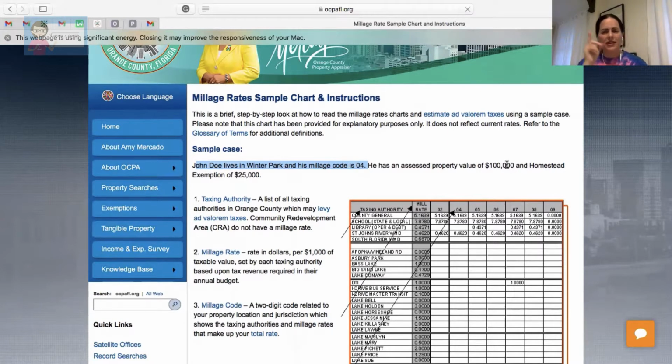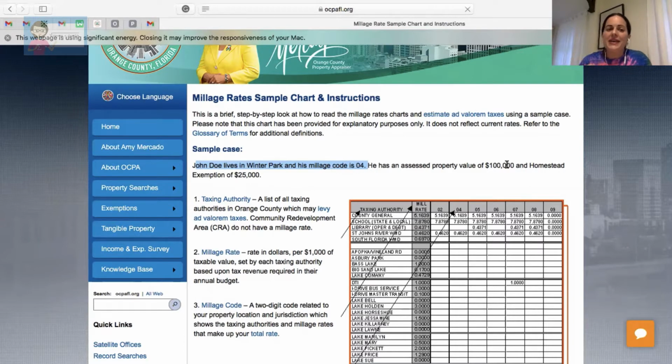Market value, which I forgot to mention, is basically what others would be willing to pay in an open market. If you sell your house, your market value will hopefully be much higher than your assessed value. Sometimes it might not be, sometimes it's the same. It all depends on how the market moves.